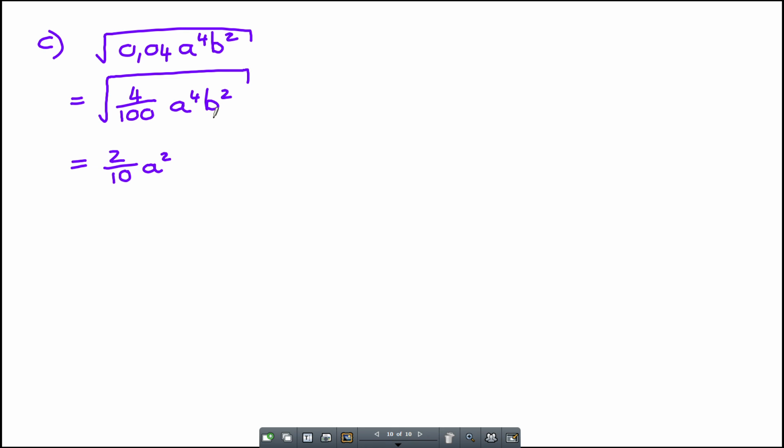And square root of b to the power of 2 will just be b. Now that is the same as 1 over 5 a squared b, or if you stuck to decimals, 0,2 a squared b. Okay? Yes. You stopped at 2 over 10. That's still fine.